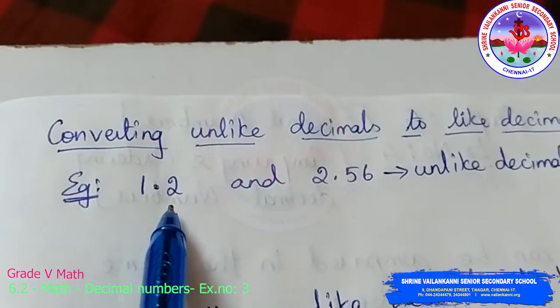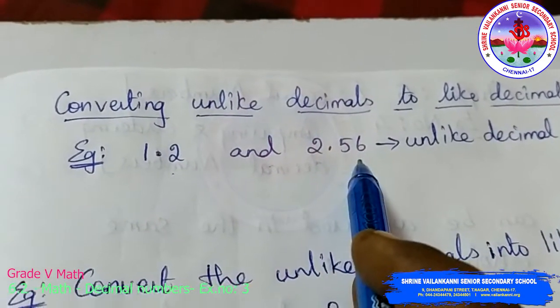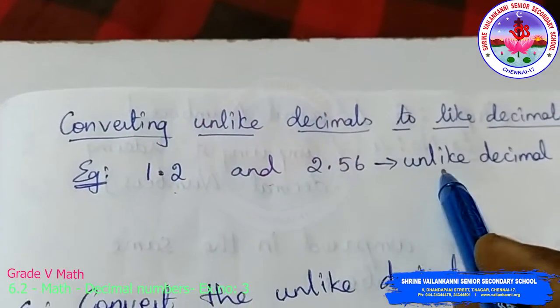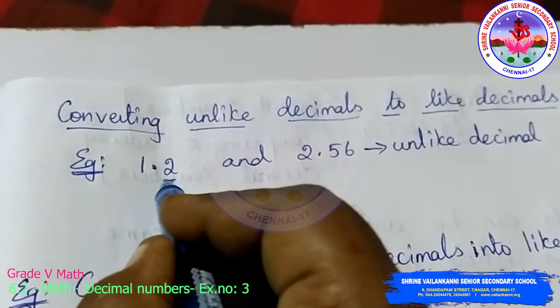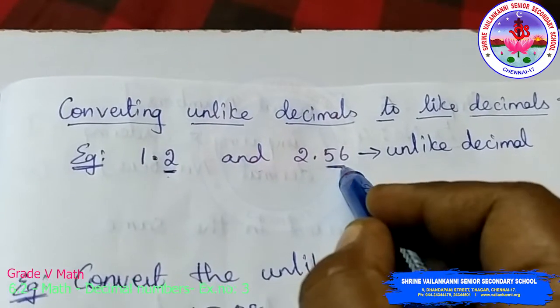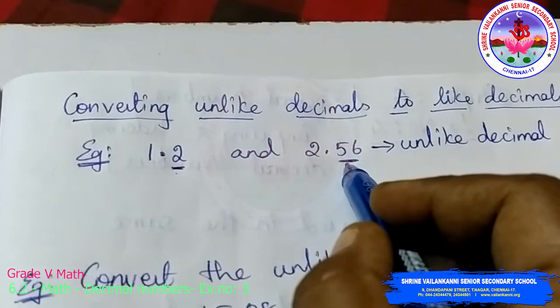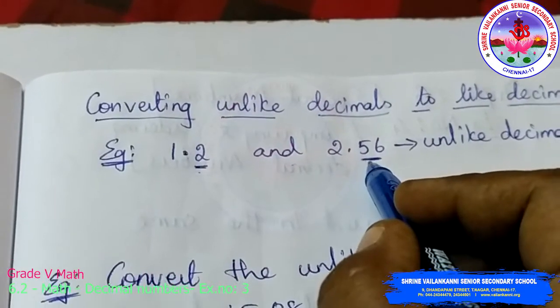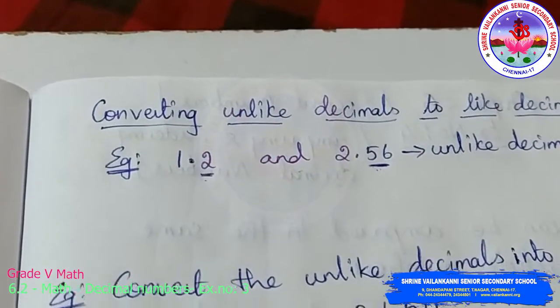For that example, I have taken 1.2 and 2.56, which are unlike decimal numbers, because after decimal here it is 1 digit, after decimal here it is 2 digits. It is obviously an unlike decimal number.